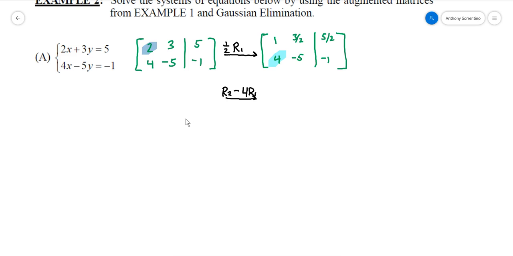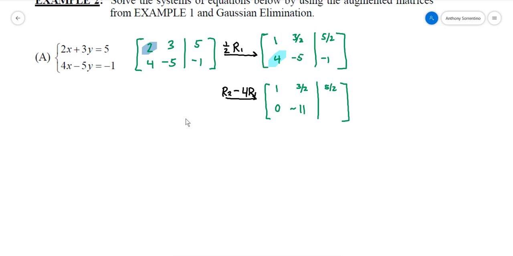And so when I do that, row 1 is going to be left alone. I'm not transforming row 1, I'm just going to use a multiple of it and add it to row 2 to transform it. And so if I do 4 minus 4 times 1, it gives me the 0 here. That's what I wanted there. Negative 5 minus 4 times 3 halves will end up giving me a negative 11.